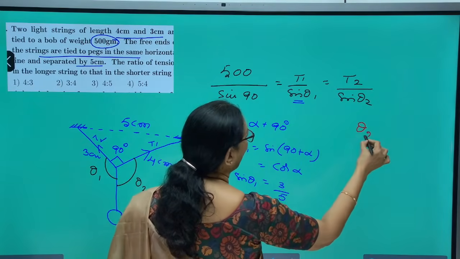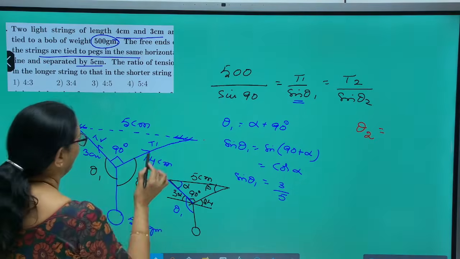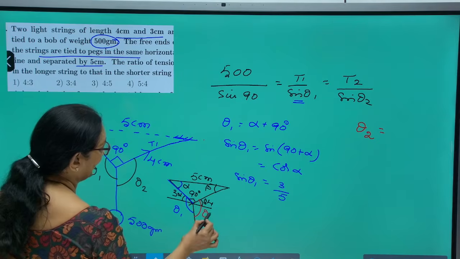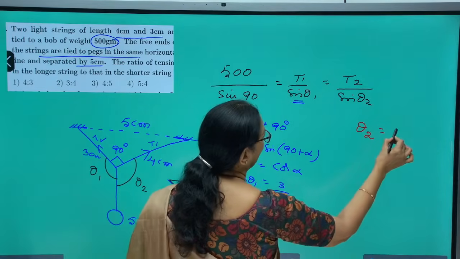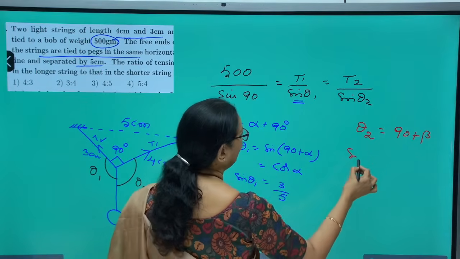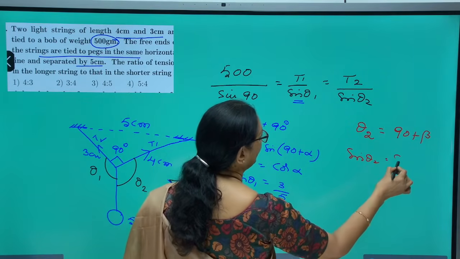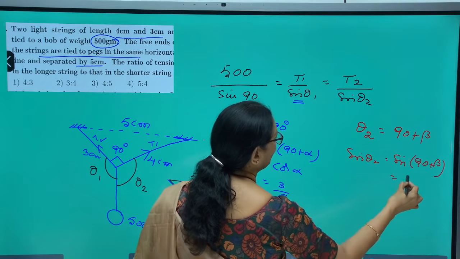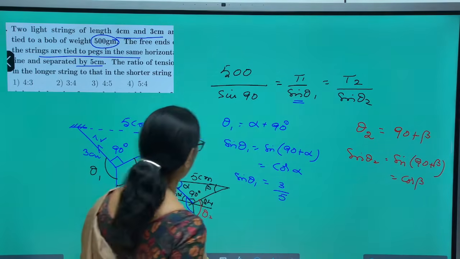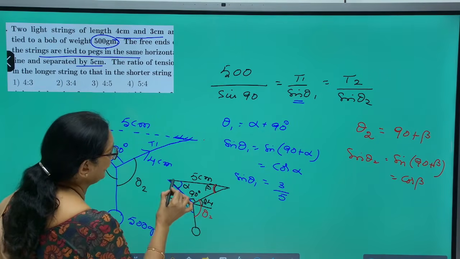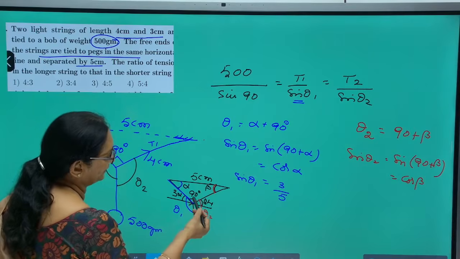So, theta 2 is equal to, again if you come back, this angle theta 2 will be equal to 90 plus beta. Sin theta 2 is equal to sine of 90 plus beta, that is equal to cos beta. Again look at this diagram, this is beta, this is the hypotenuse, this is the adjacent side.